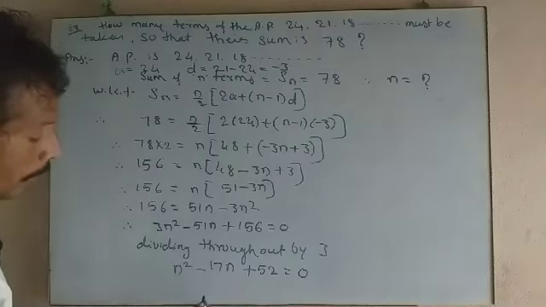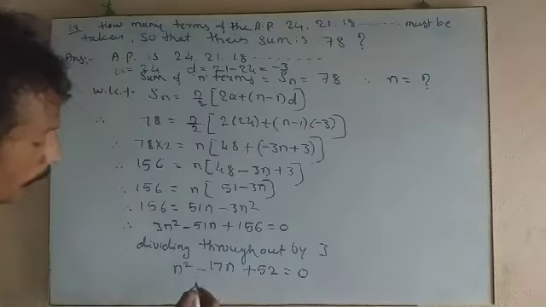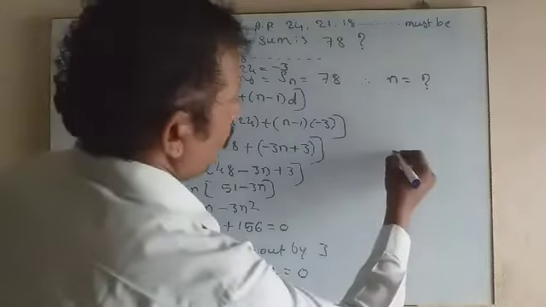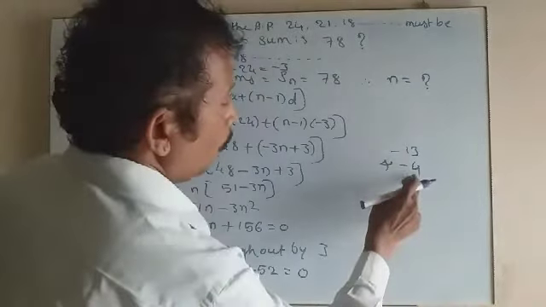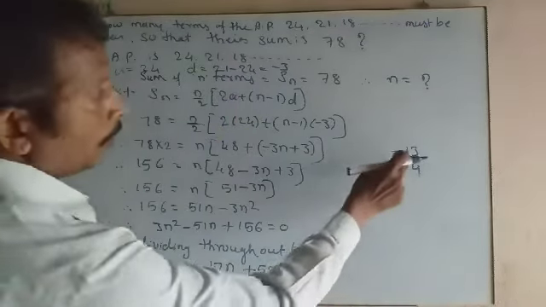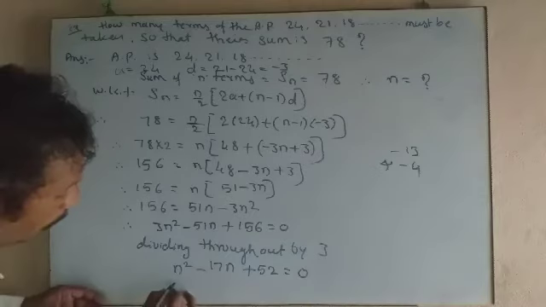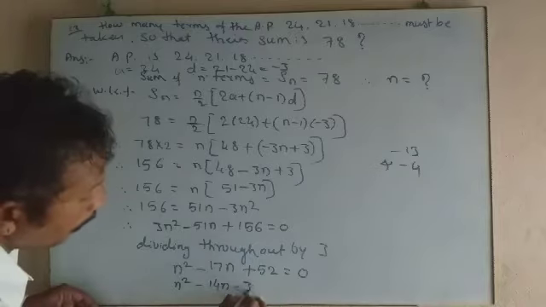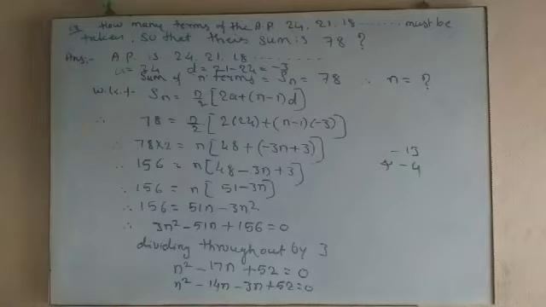Minus 17 can be written as minus 13 and minus 4. 13 4s are 52. 13 and 4, their sum is minus 17. Therefore n square minus 14n minus 3n plus 52 is equal to 0.